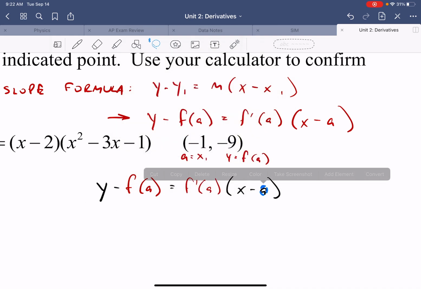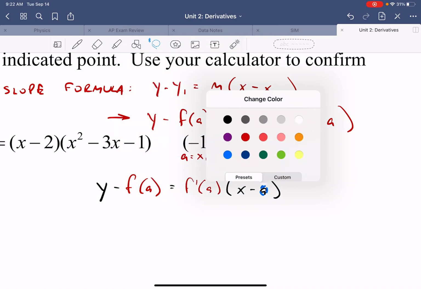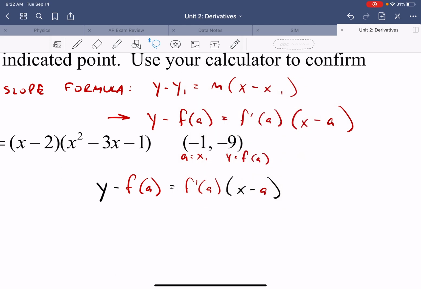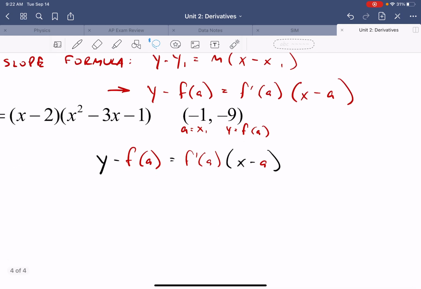And the a is something we replace. So if we can replace those 3 things, then we will be done with this solution. So let's go ahead and replace what we know. F of a is given to us as this coordinate right here, -9. So we would have y minus, and then f of a is -9.